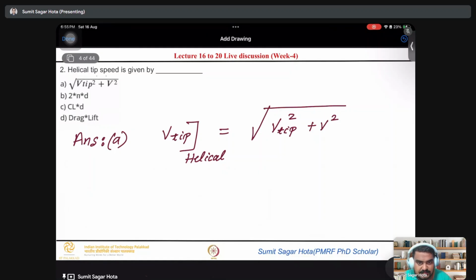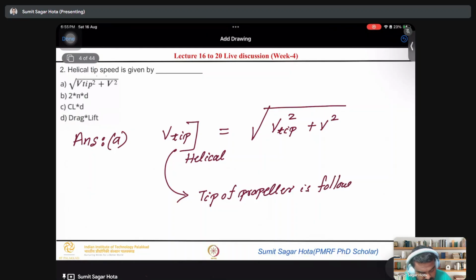What does this helical tip speed mean? It means the tip of the propeller is following a helical path through the air.